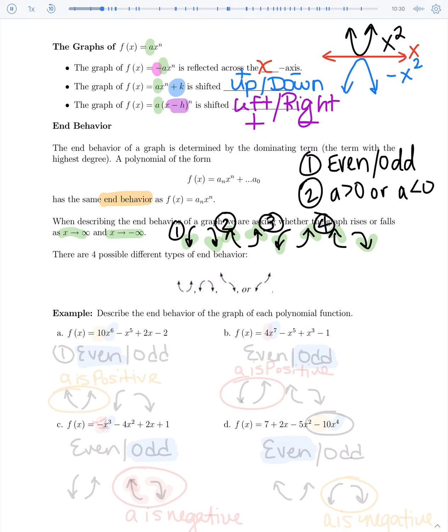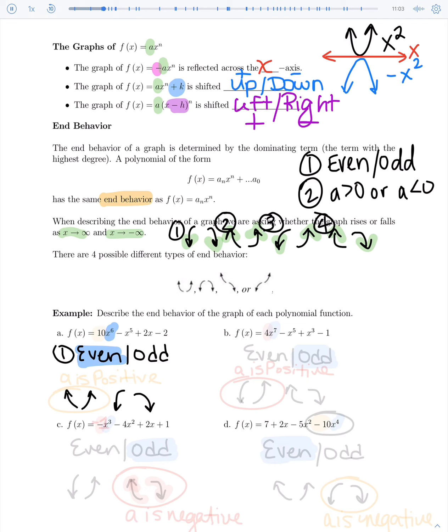In this first example, the first thing that we should note is, are we dealing with an even or an odd function? And the first thing I notice is that it is even, because of the x to the 6 being the highest exponent, which means either that they're going to be both pointing up on both ends or both down because of it being even.